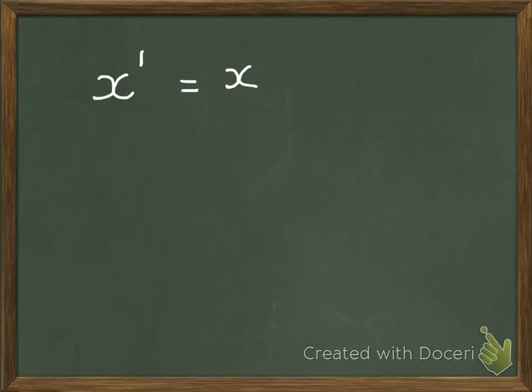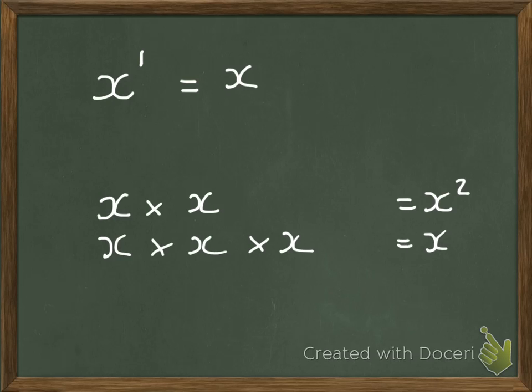Now you may recall in the previous video that we had that table, didn't we? x times x gave me x squared. x times x times x gave me x cubed, and we had drawn a table out, 1, 2, 3, to give me the indices or power. Well, this is where that x to the 1 comes from, because if I had an x here, what power is it to? If I follow what I've done here, it's got to be x to the 1.